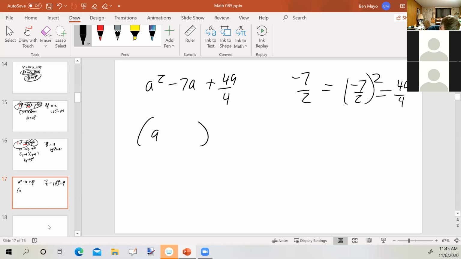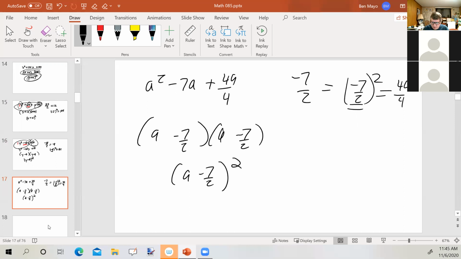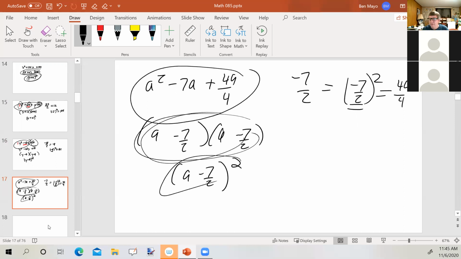And the factors are going to be this and then whatever's there: a minus 7/2, a minus 7/2, or a minus 7/2, the quantity squared. If I take that and FOIL it out, I'll get that. If you need me to prove that to you, say so and I'll do that. Otherwise, I'll just keep going. Anybody need proof? No. Okay.